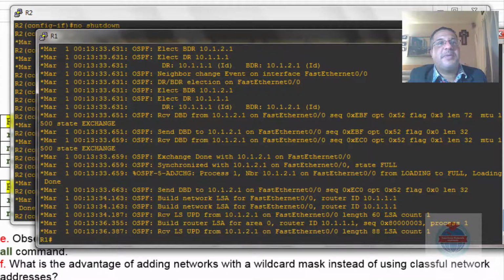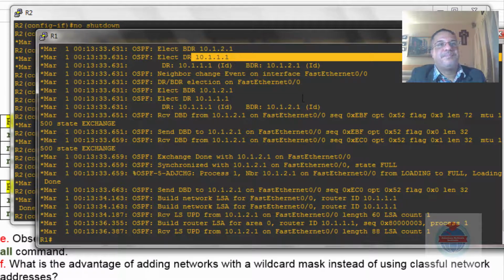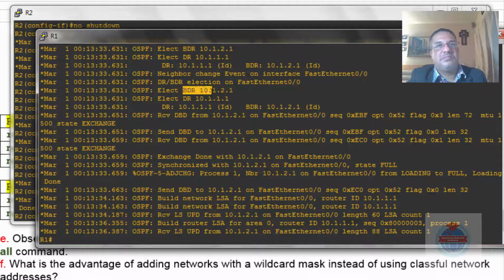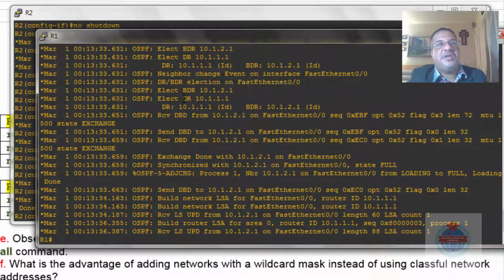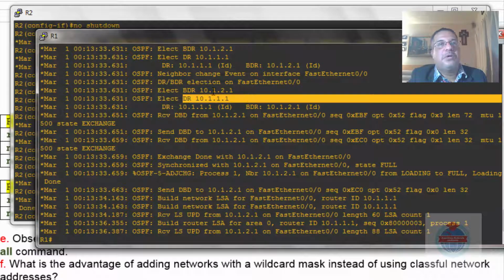Something very interesting is happening as well. It started the election of the DR and the BDR process. And we're going to be talking about that in a second, guys. 10.1.2.1 and the DR is 10.1.1.1. BDR is 10.1.2.1.